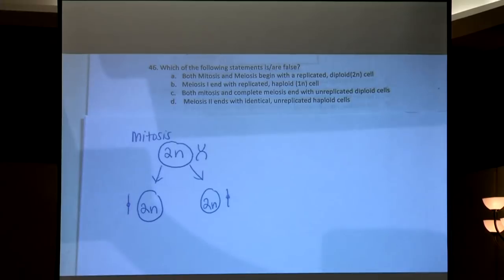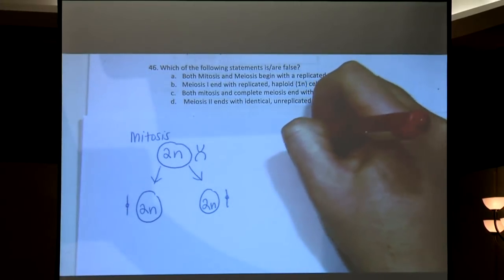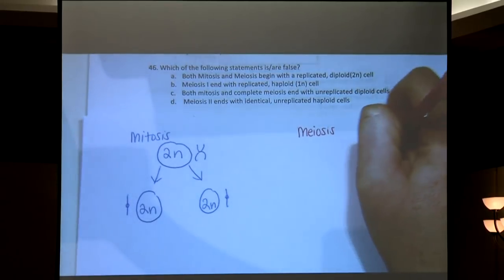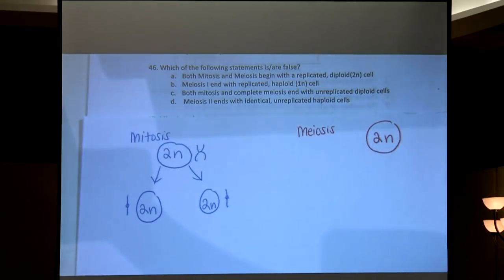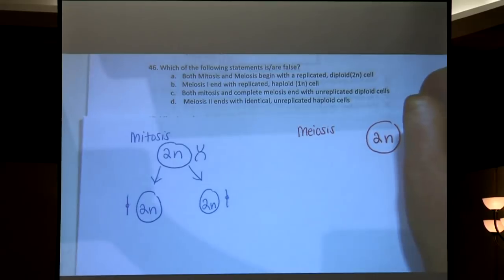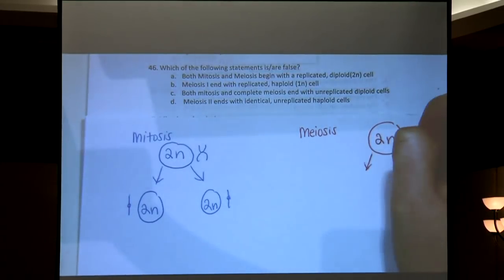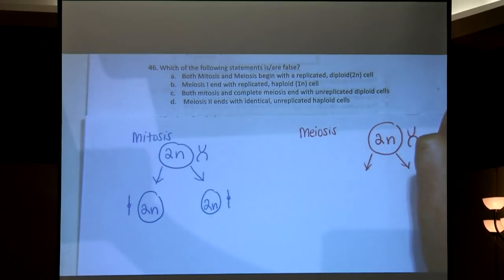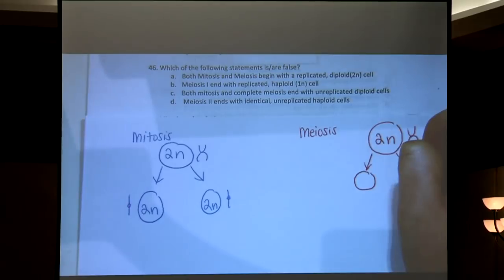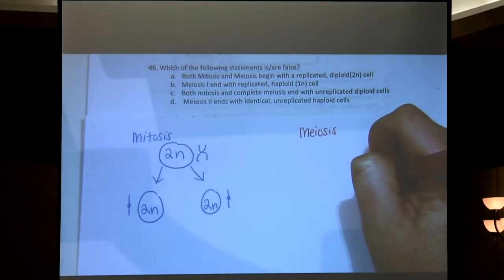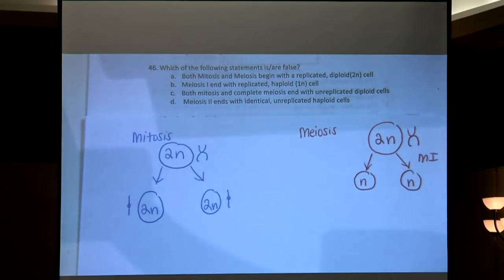However, in the case of meiosis, all right, we have our 2N cell after interphase, all right? These guys will be replicated. Here we're going to go through our meiosis 1, and this will give us 2 cells, all right? These cells will only be 1N, but they will still be replicated.